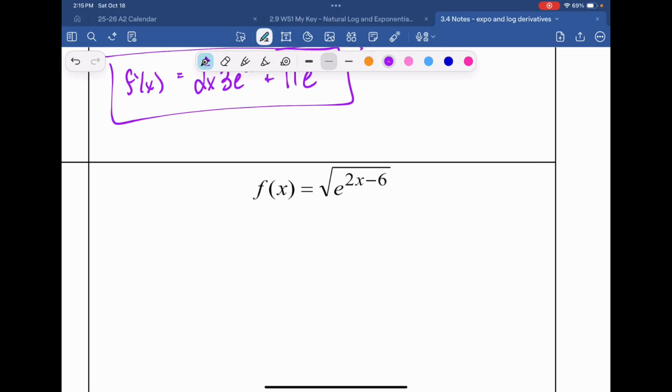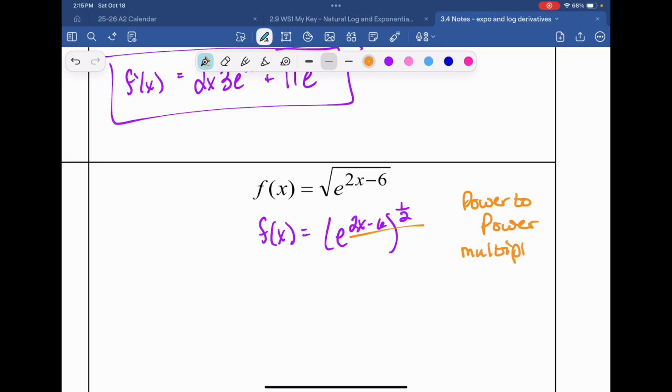All right, this one's kind of designed to mess with you a little bit. So the first thing I would do is rewrite with the rational exponent. Well, if you remember your exponent rules, when you have a power raised to another power, you multiply.